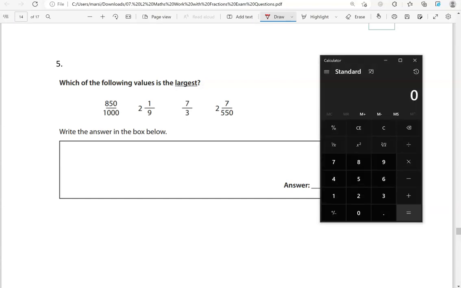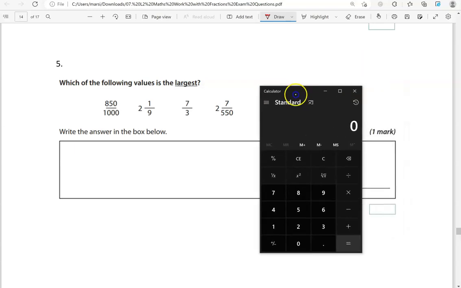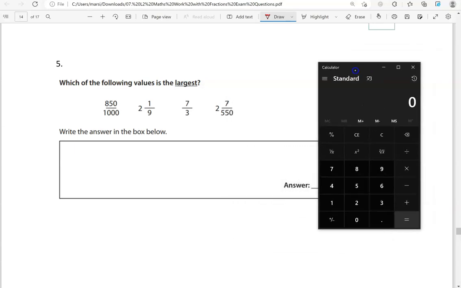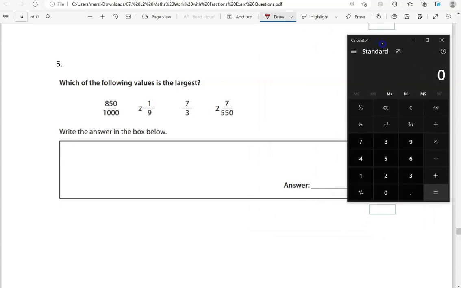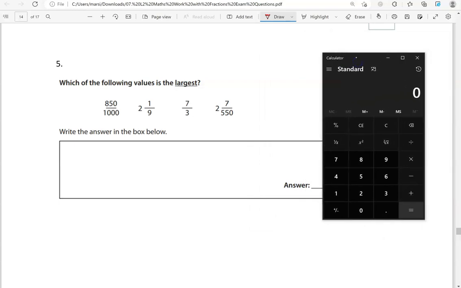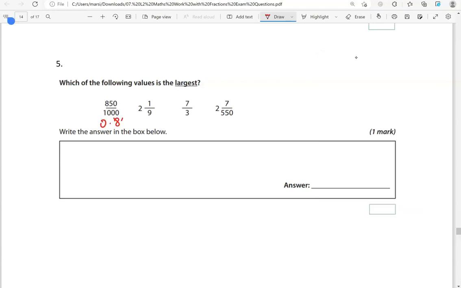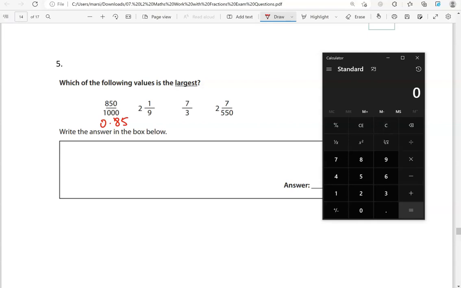As we can use a calculator, and it's not specified in the answer that we need to give the answer as a fraction or mixed number, I'm just going to use it and convert this into decimal. So 850 divided by 1000 gives us 0.85. 2 and 1/9.